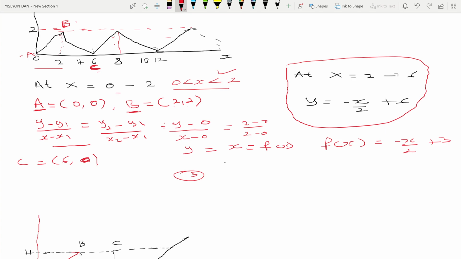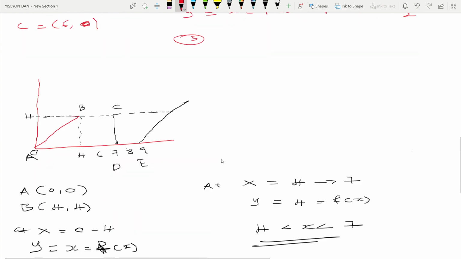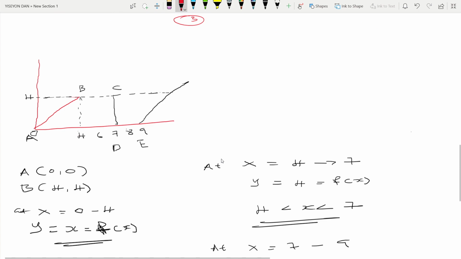Now, moving back to this point, we have points A, B, C, and D. So point A is 0, 0, point B is 4, 4. So that is going to be the value for B. The x is 4, and the y here is also 4.